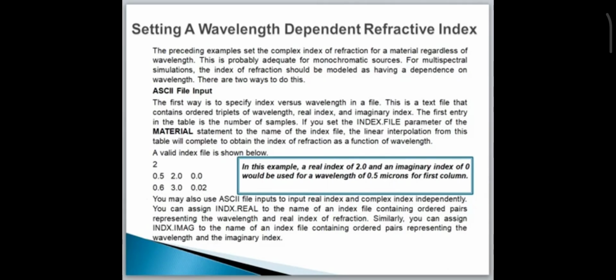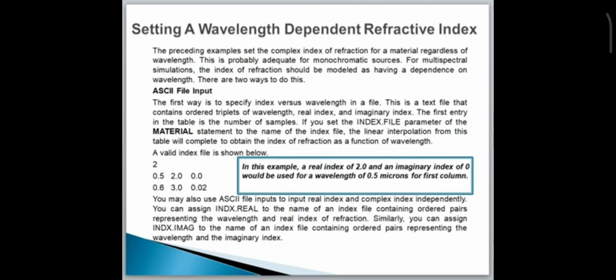You may also use ASCII file input to input real index and complex index independently. You can assign index.real to the name of an index file containing ordered pairs representing the wavelength and real index of reflection. Similarly, you can assign index.imaginary to the name of an index file containing ordered pairs representing the wavelength and imaginary index.